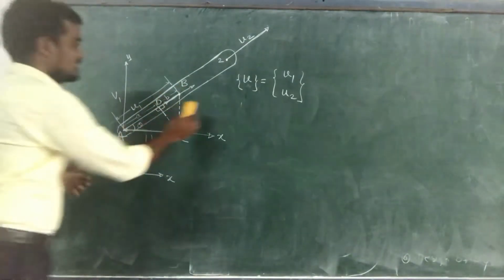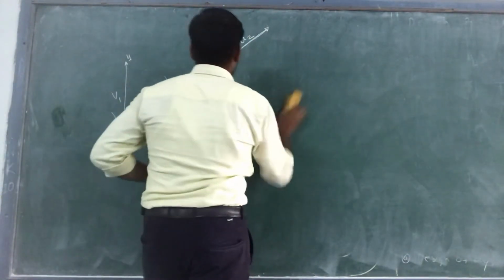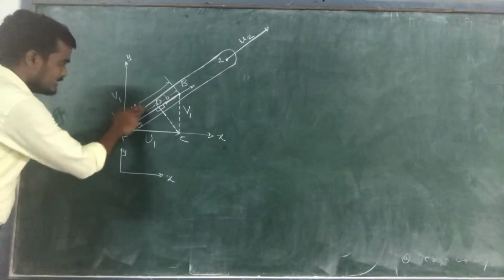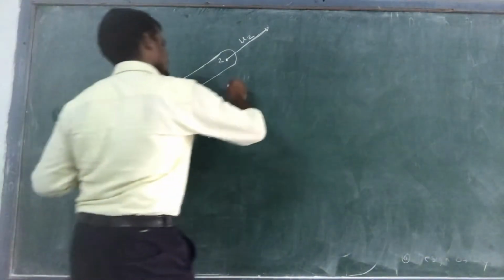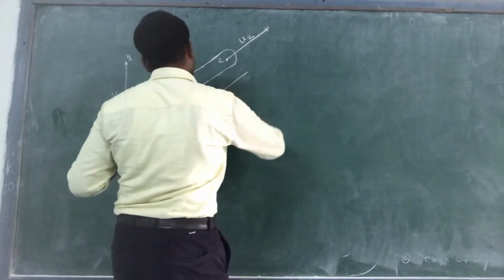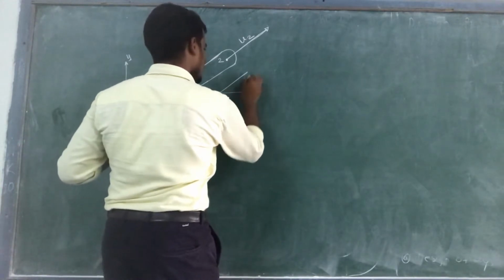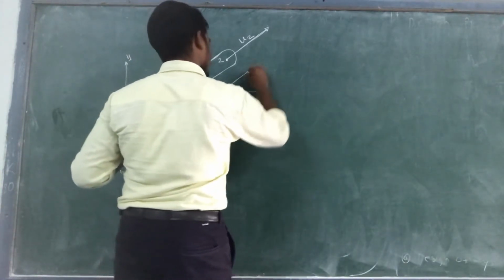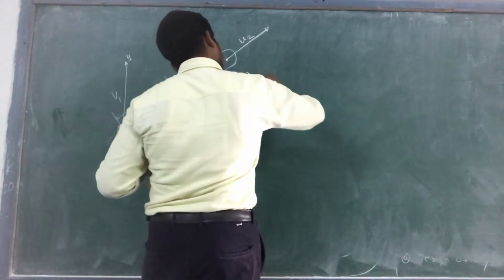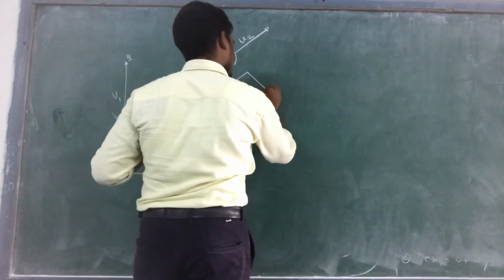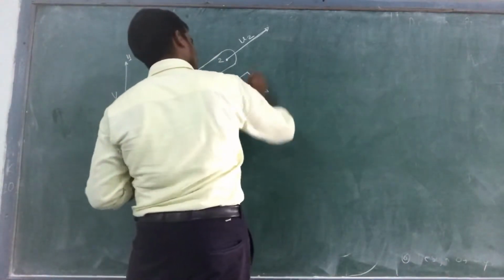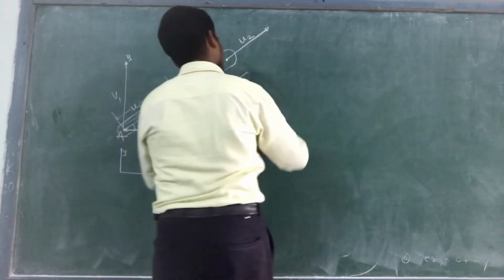So if we take this triangle ADC, this is your 90 degree angle.